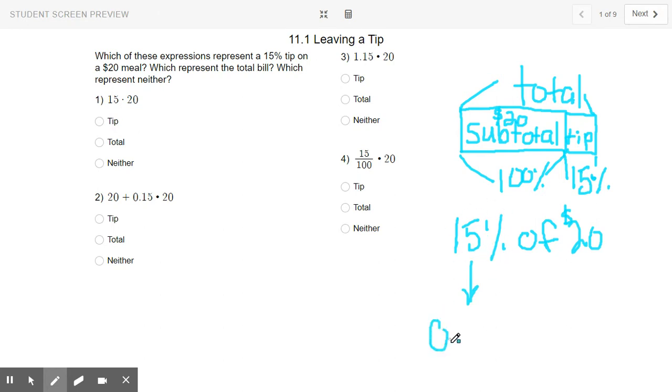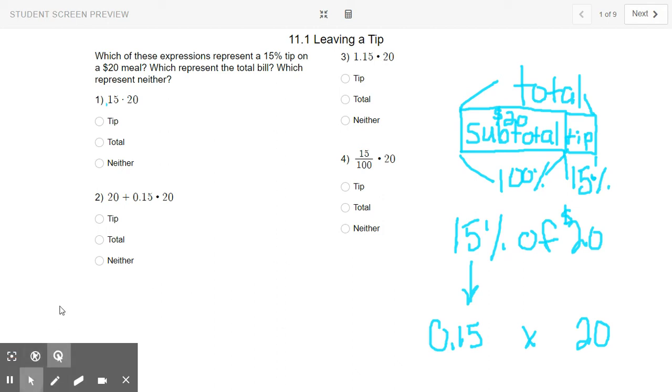So that would be 0.15, of means multiply, 20, the dollars. So when I look at this, this is not the tip, because to make this the tip, this actually needs to be 0.15. So the answer to that one is simply neither.